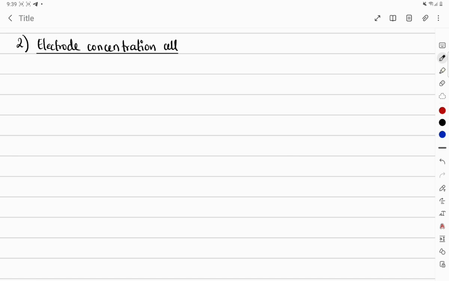And one important thing regarding this is, we cannot usually consider the metal electrodes in this case. For example, a zinc electrode, copper electrode, platinum electrode, all of these are actually solid. So it is almost difficult to change the concentration of solids, right?